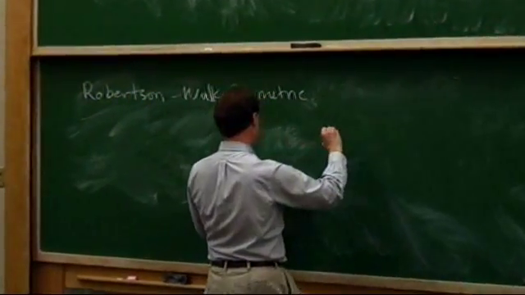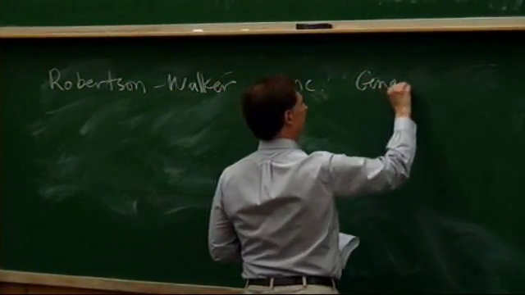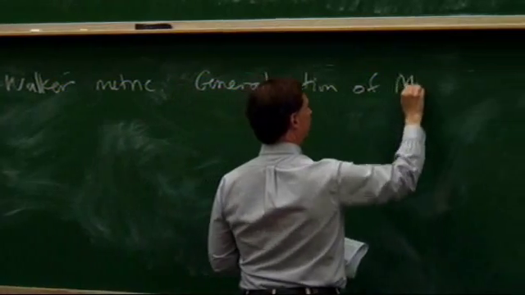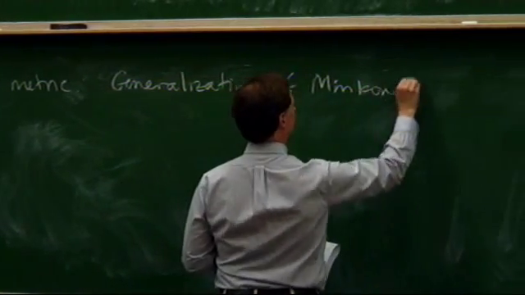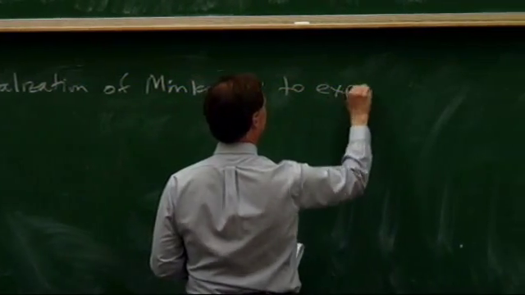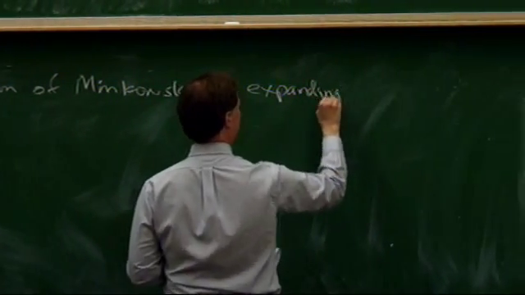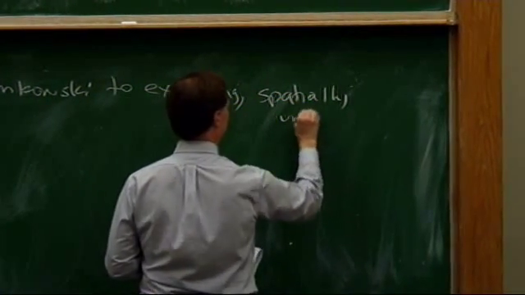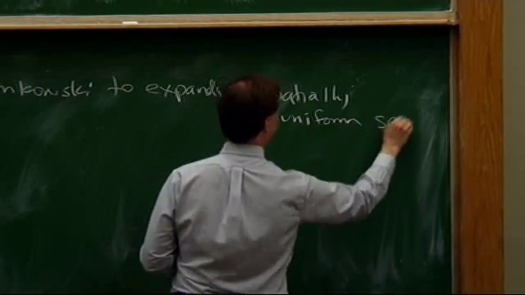And this Robertson-Walker metric is a generalization of the Minkowski metric to an expanding, spatially uniform spacetime.